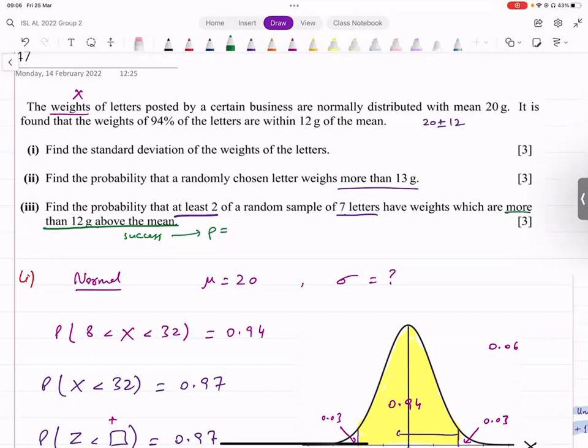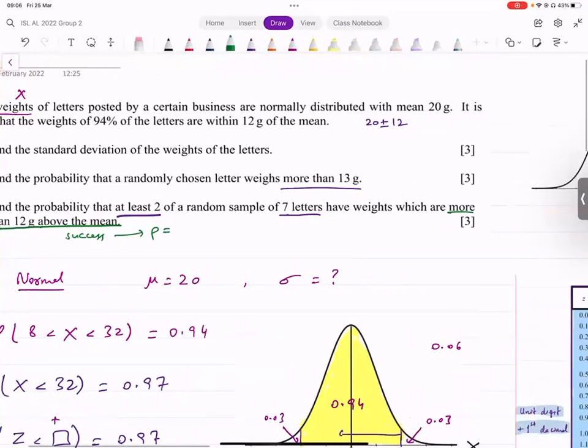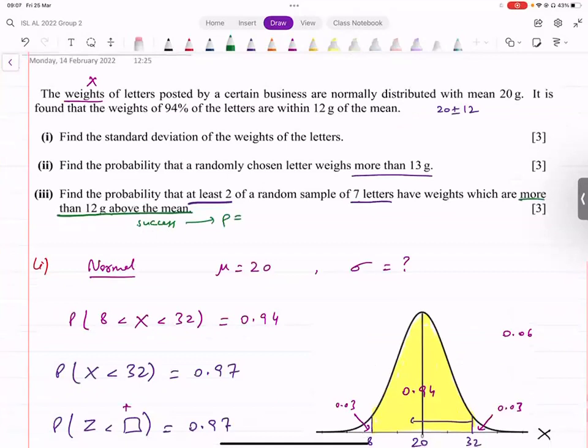Does everyone agree to that? More than 12 grams above the mean, इसका क्या मतलब है? 20 is your mean, right? 12 more than 12 grams above the mean. That means probability of x greater than 32 की बात कर रहा है, right?